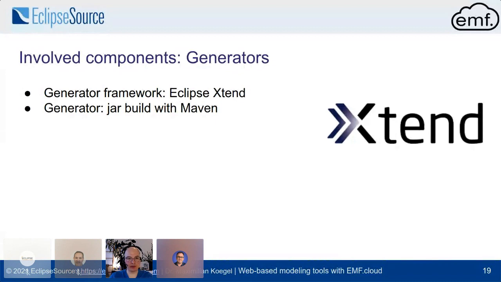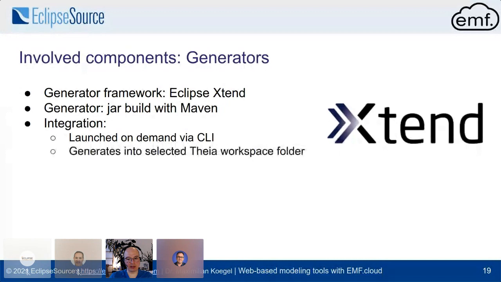So what we did to reuse the existing code generator, we built a jar with Maven. And in that jar, there is the code generator. The integration that we had to add on top of the existing generator is a CLI interface, so that you can have a main method that runs with a certain parameter.